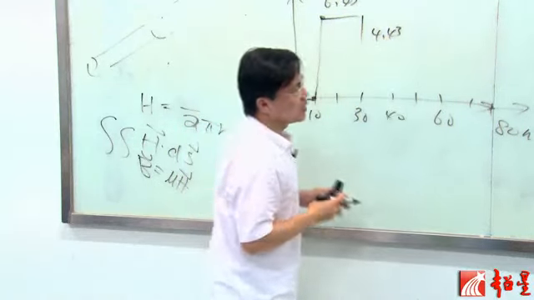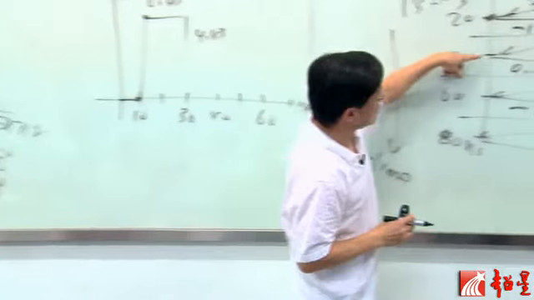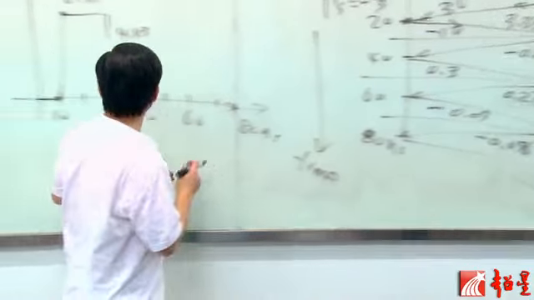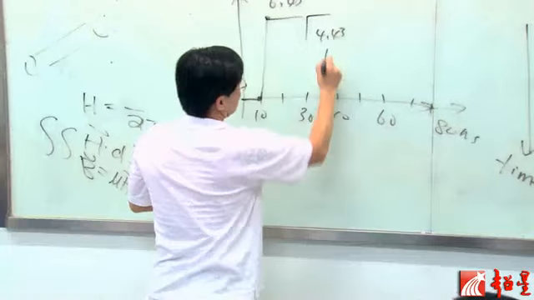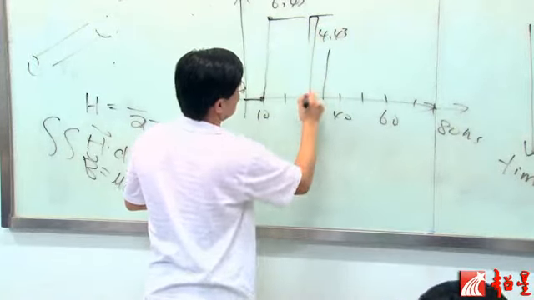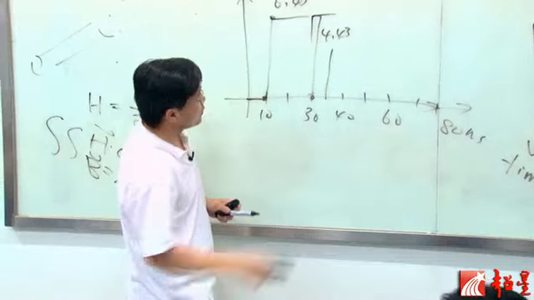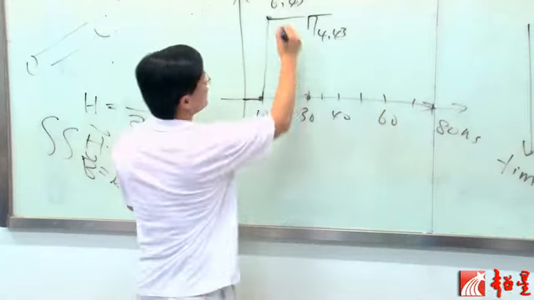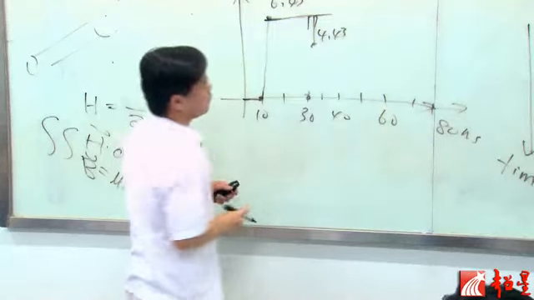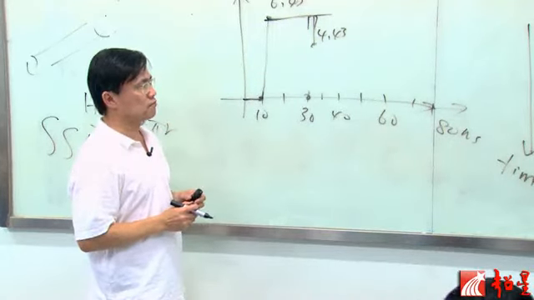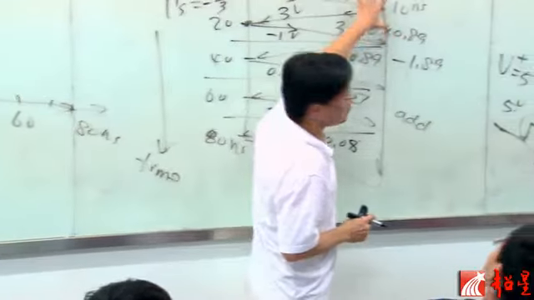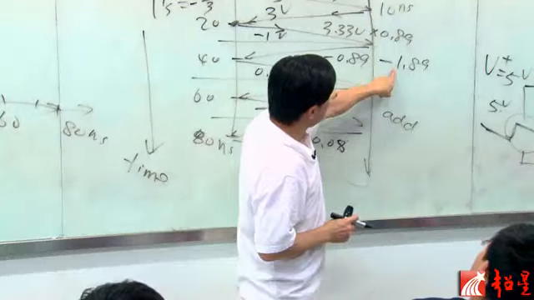4.43. And what's the time there? It's 30 nanoseconds. Okay. So at 30 nanoseconds, the voltage is going to be 4.43, because this total voltage here is the sum of all the voltages. But that's negative.